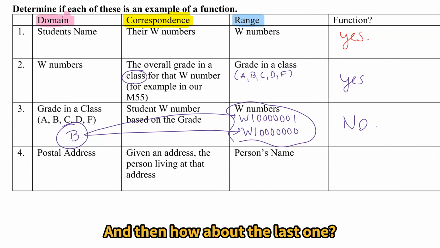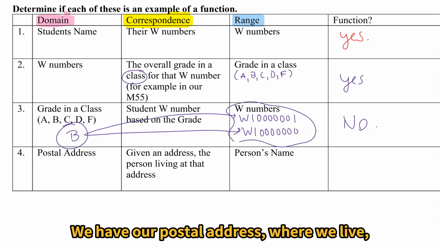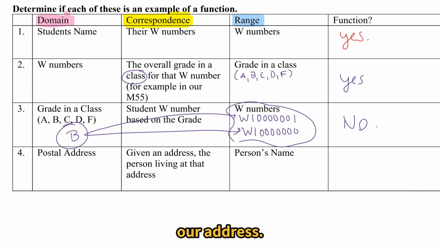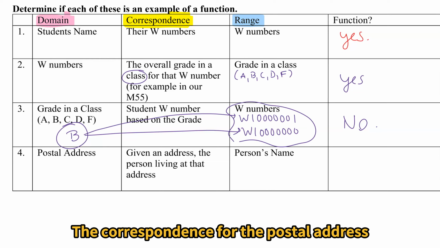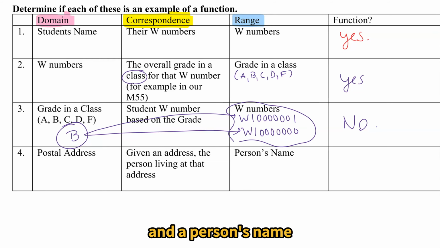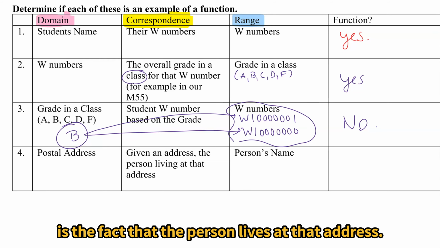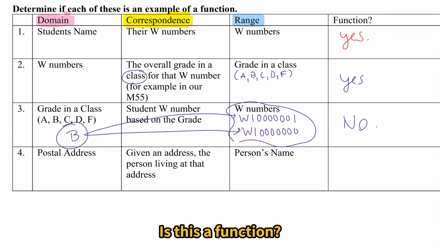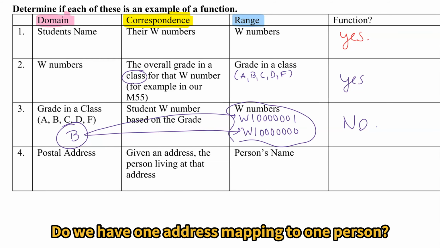And then how about the last one? We have our postal address, where we live, our address. The correspondence for the postal address and a person's name is the fact that the person lives at that address. Is this a function? Do we have one address mapping to one person?